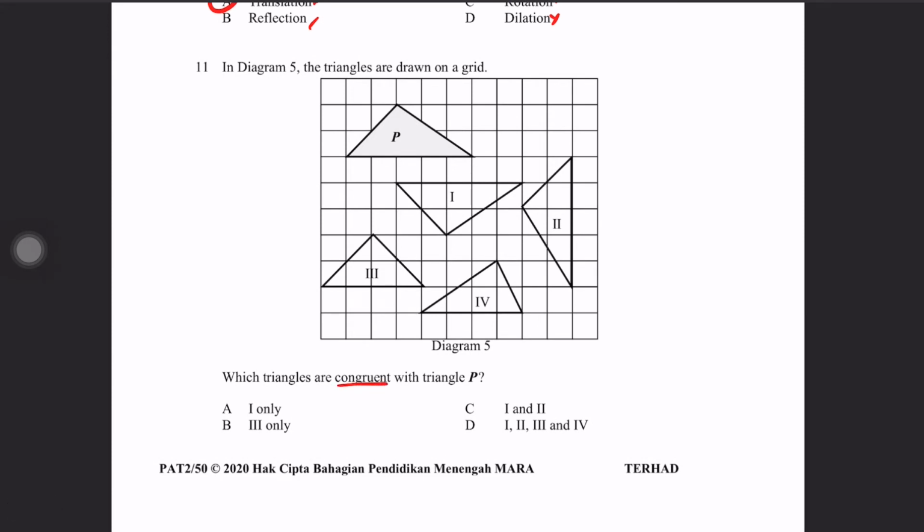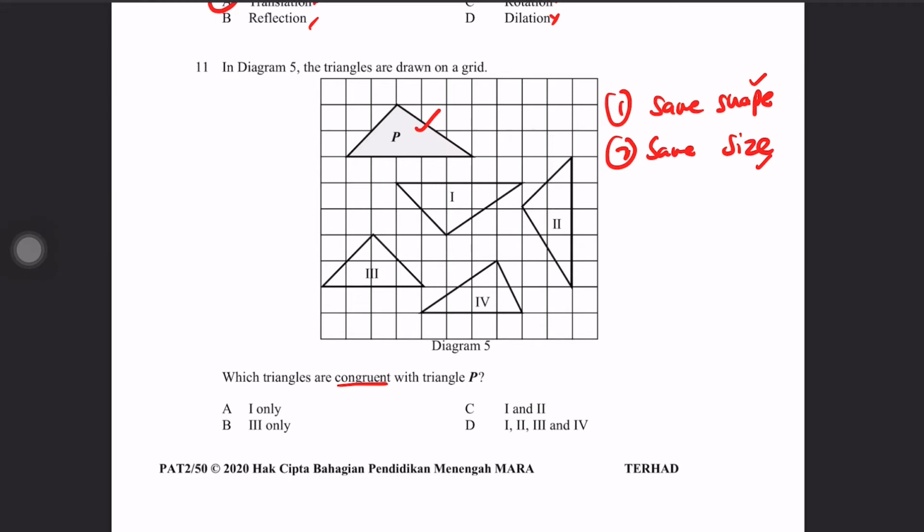Congruent means the same. Look at P. If the question asks about congruent, what you need to know is that both of the objects or images must be the same shape and the same size. Shape must be the same, size must be the same. Whether it is flipped upside down or not doesn't matter, what matters is the same shape and same size.